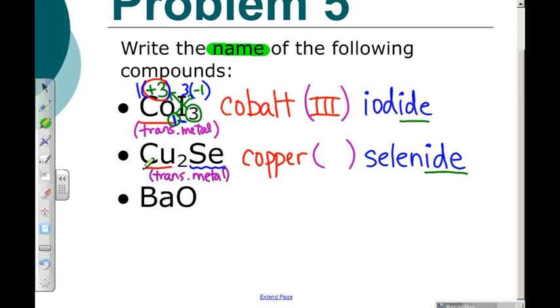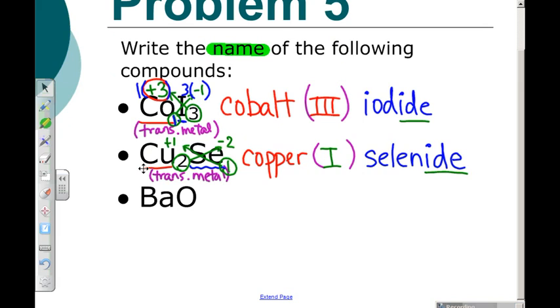Again, if I try undoing the crisscross, I see a 2 here, which meant that the selenide had a -2 charge. What number is down here on the selenium right now? Well, there's no number, which we would assume to be a 1. What that means, if I undo the crisscross, is that my copper had a +1 charge. For that reason, I fill in a Roman numeral of 1.